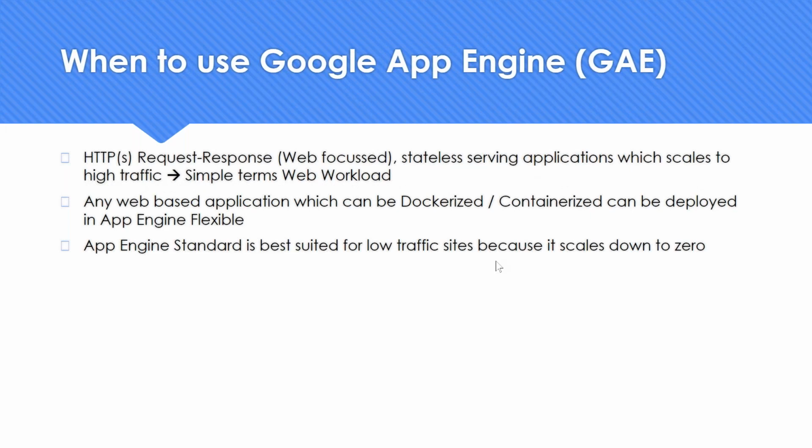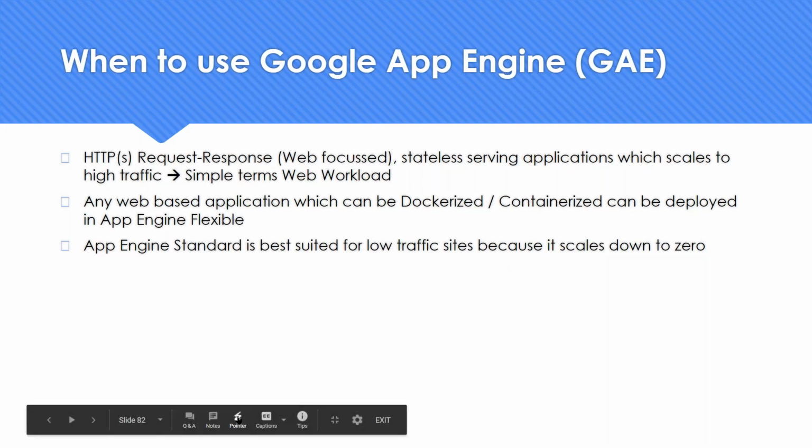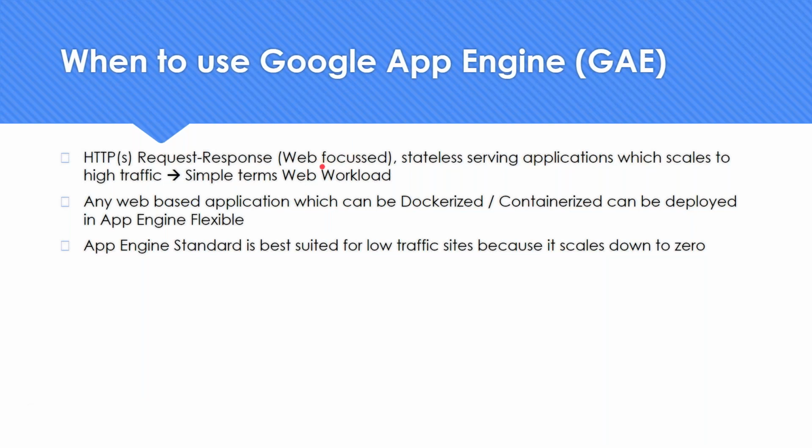Let's look into when should you use App Engine, and when not to use App Engine. If it's a database I want to host in GCP, App Engine is not a good choice. App Engine is always a fit for a web focused application. It could be a website, it could be a web API, which is going to give you a response in a JSON format or in an XML format.